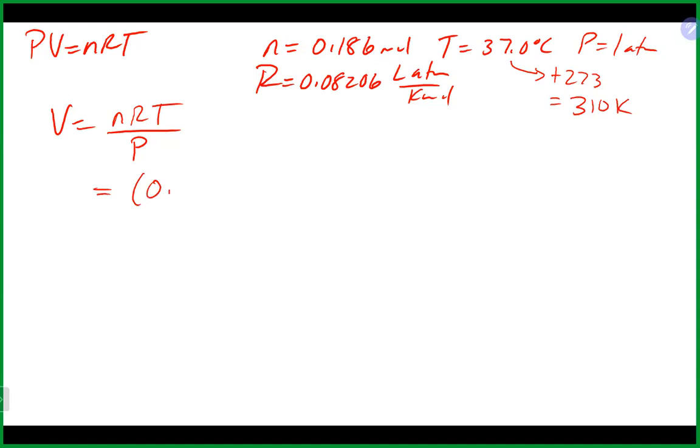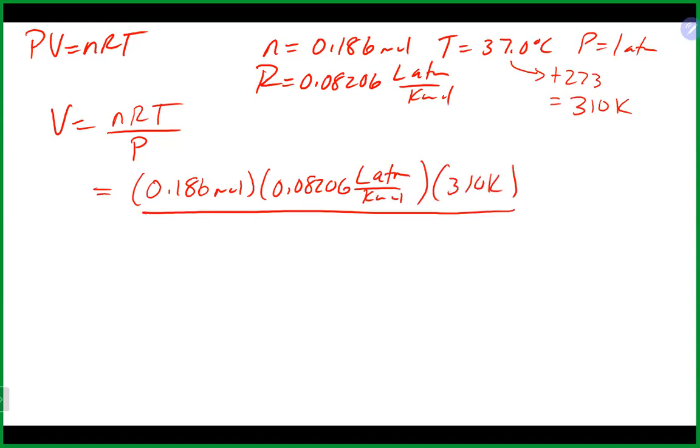We're going to take our 0.186 moles, our gas constant, which you always have, all divided by our pressure of 1 atmosphere in this case. Once again, the atmospheres on top will cancel, the Kelvin will cancel, the moles will cancel.